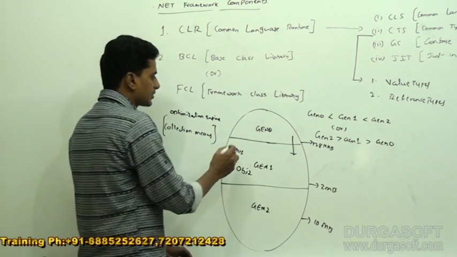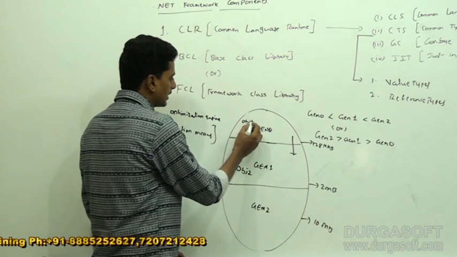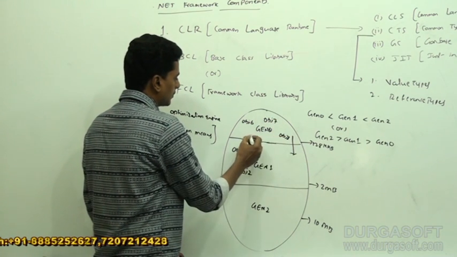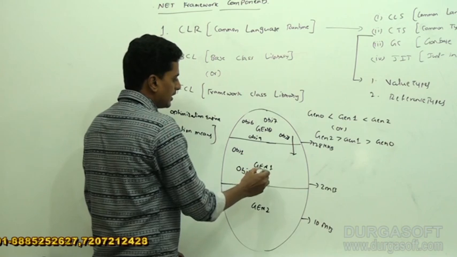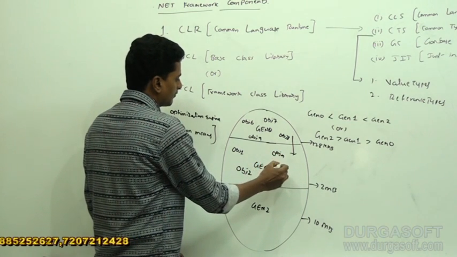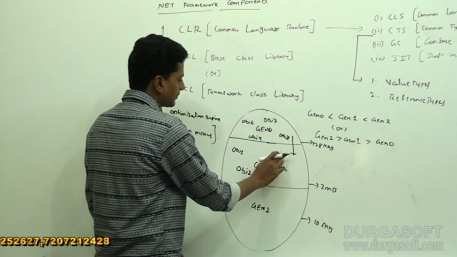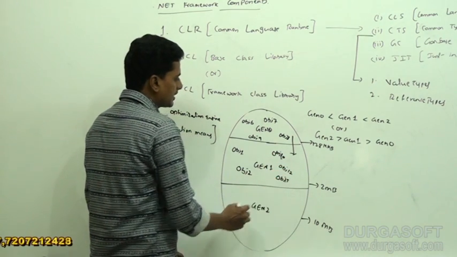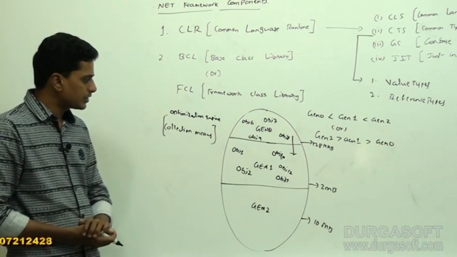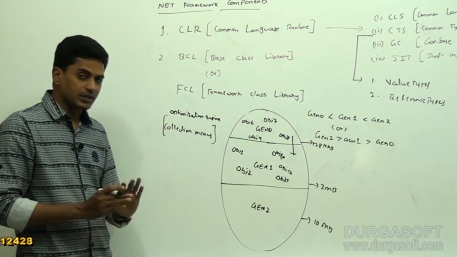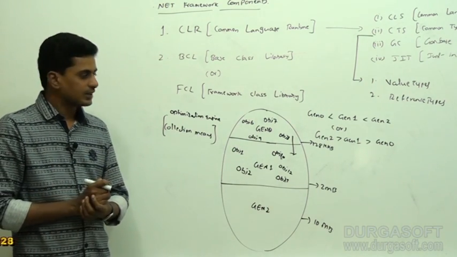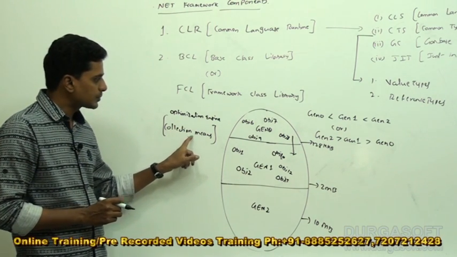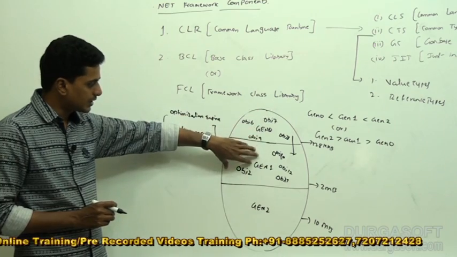For example, after so many collection method runs, there are so many objects here, like object 6, 7, 8, 9, and here also so many objects. Then if generation 0 and generation 1 become full of objects, the optimization engine will perform the collection method on generation 0 and generation 1.